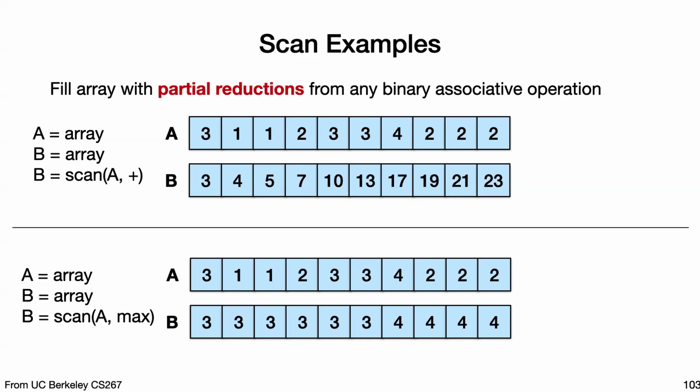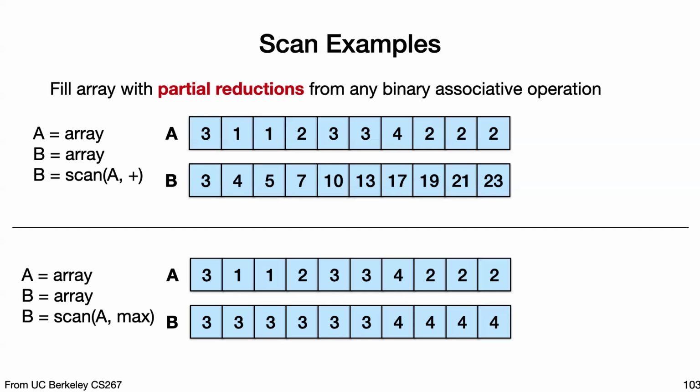Then the third one, you add up the first three, so 3 plus 1 plus 1 is 5, and all the way until the end. Like I said, it doesn't have to be sum. Sum is usually the easiest to see it as, but it can be, for example, max. Max would just be like, you do this left to right. 3 is bigger than 1, so 3 goes there. 3 is also bigger than 1, so 3 goes there. 3 is bigger than 2, so 3 is there, and so on.